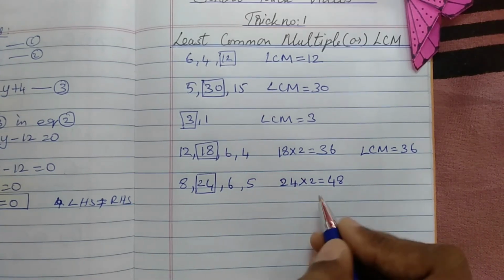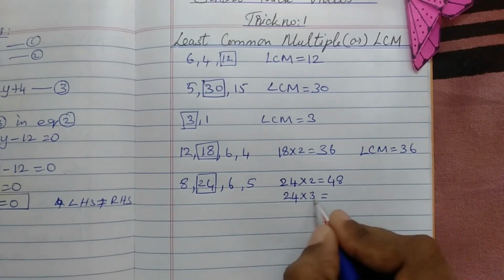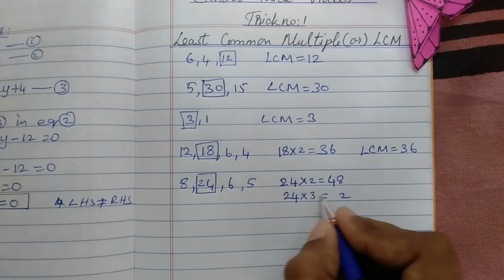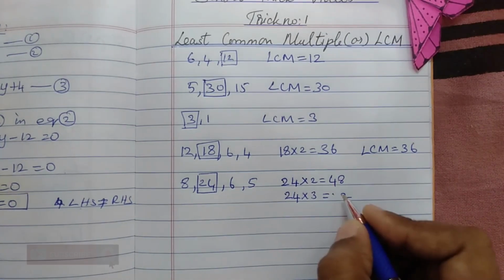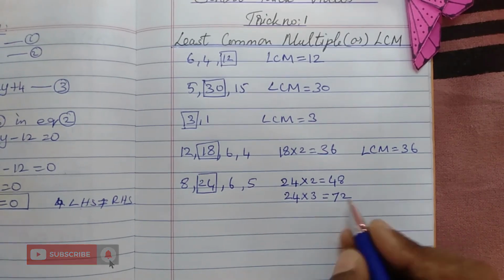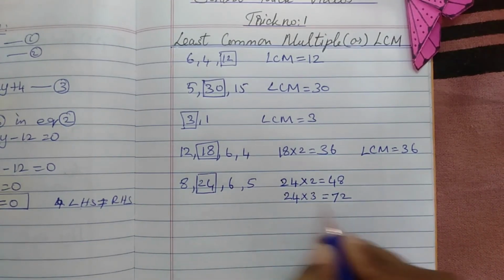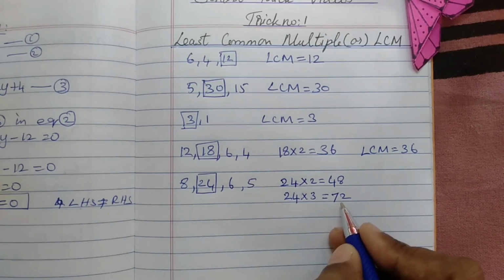So we can try multiplying it by 3. 4 3s are 12, 3 2s are 6, 7, so 72. It cannot be divided by 5 because all the multiples of 5, as I said, end in 0 or 5.